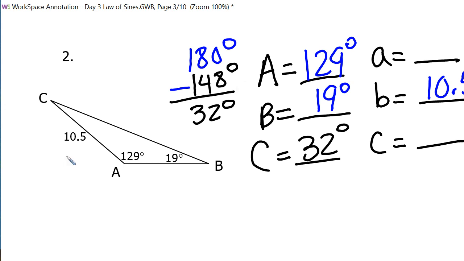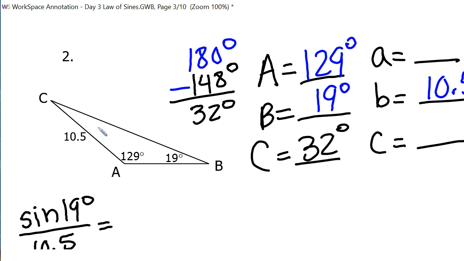So this time, I have my angle and side pair. So I have to do sine of B over B. And let's go ahead and solve for side A. So we need to do A and B. So starting with B, this would be sine of 19 degrees divided by, what is the side for B? 10.5.